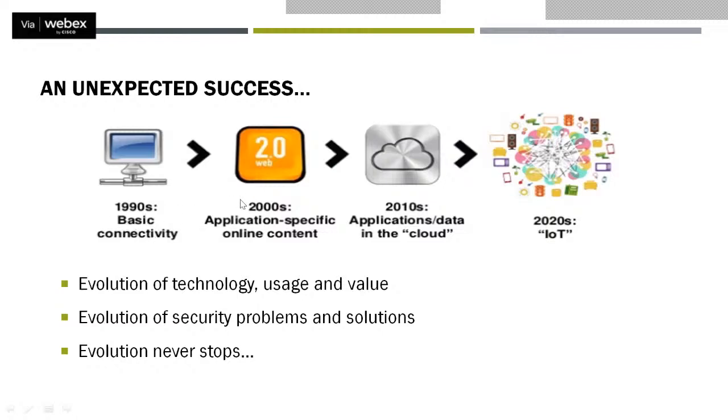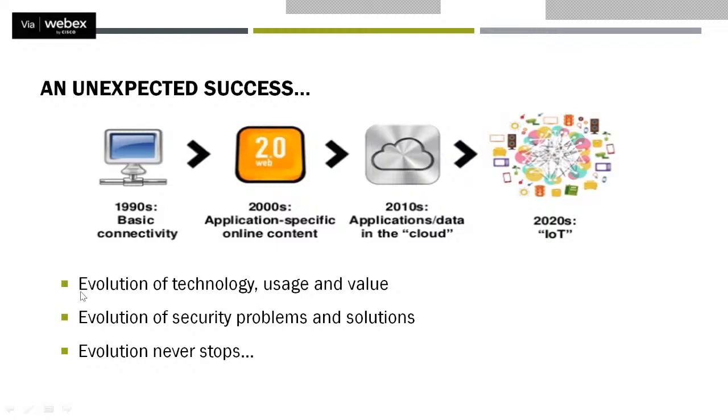In the 2000s, application specific online content was created, which is called Web 2.0. Then in the 2010s, applications and data on the cloud came into the picture. And in the 2020s, you can see IoT devices and the interconnection of IoT devices, and so on.